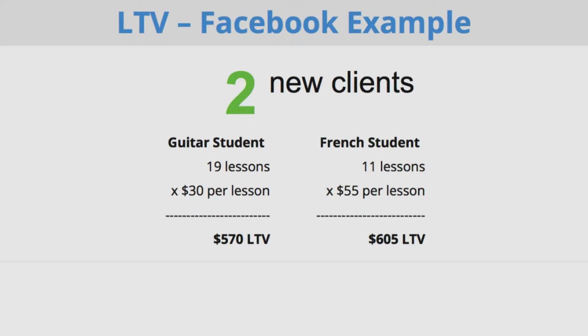This online student took 11 hour-long sessions with Aaron over a 3-month period. Now, Aaron's hourly rate is $55 an hour. Using this, we can now calculate this student's LTV. They took 11 sessions at $55. If you multiply the two, you can see that the LTV is $605.